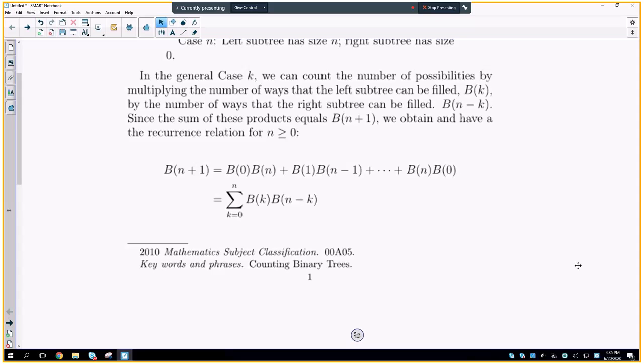Since the sum of these products equals Bn plus 1, we obtain a recurrence relation, for n greater or equal to 0, given by Bn plus 1 equals, in case 0, B0 times Bn; in case 1, B1 times Bn minus 1; in case k, Bk times Bn minus k; and in case n, Bn times B0. This is written as a sigma sum, k equal to 0 to n, of Bk times Bn minus k.